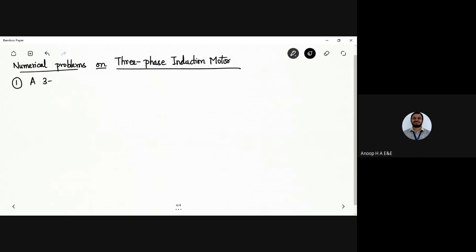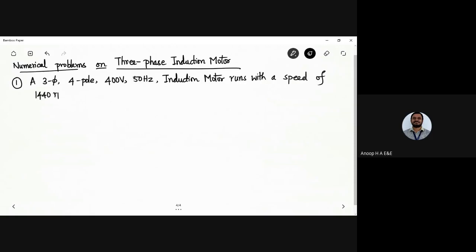A three-phase, four-pole, 400 volt, 50 hertz induction motor runs with the speed of 1440 rpm. Calculate its slip.